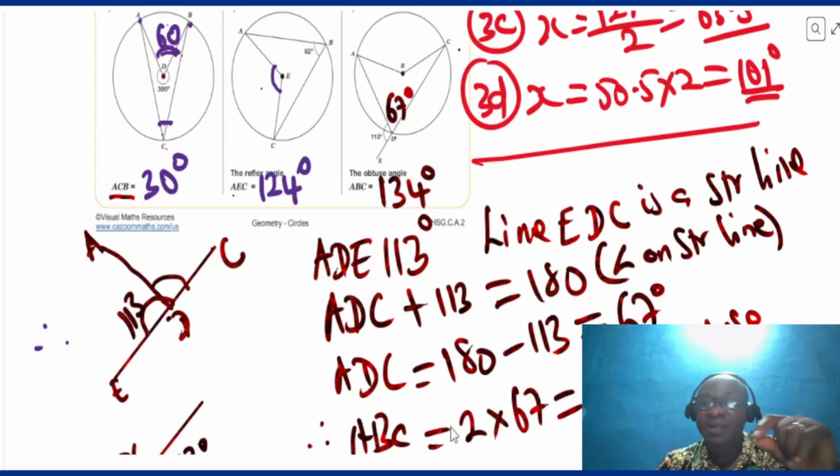That any angle at the center divided by 2 is equal to the circumference, and any angle on the circumference multiplied by 2 is always equal to the center. Angle at center is twice the circumference. These are the 3 theories that I have stated already. There are many more, but we'll be taking them one after the other. That is the way it should be going.